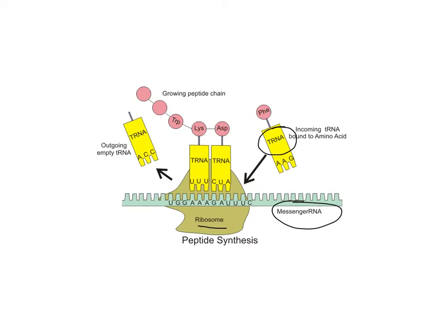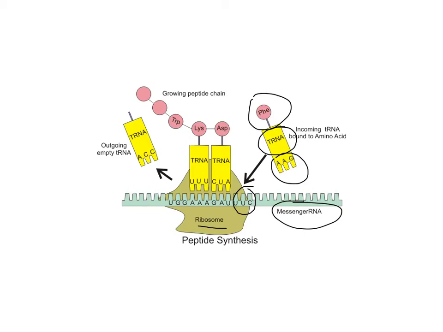At one end of the transfer RNA, we have an amino acid. At the other end of the transfer RNA, we have a sequence of 3 bases. Look at how the sequence of 3 bases will match up with the sequence of 3 bases on the messenger RNA. Once again, it's complementary base pairing.